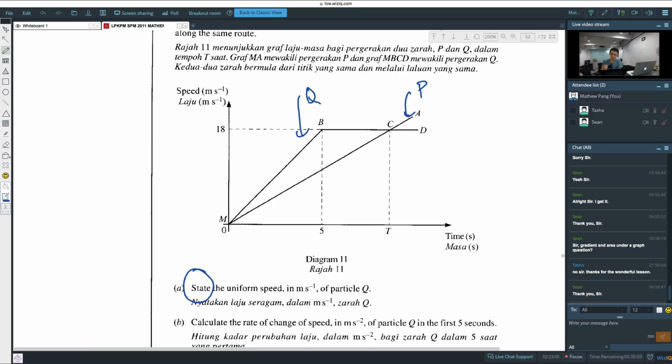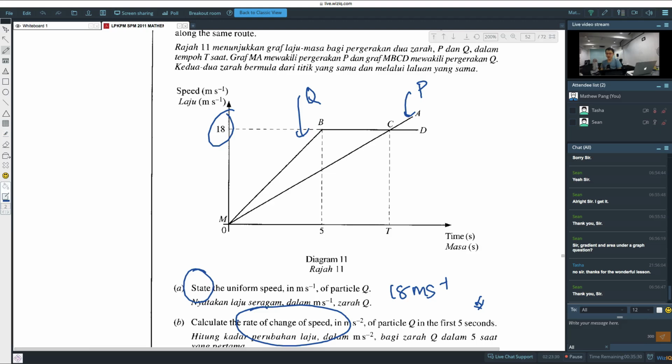For the second question, calculate the rate of change of speed of the particle in the first 5 seconds. Whenever you see rate of change of speed, it means gradient in a speed time graph. So they want the gradient in the first 5 seconds, for particle Q. I will take these 2 points and find the gradient. Let's say this is (5, 18) and this is (0, 0).